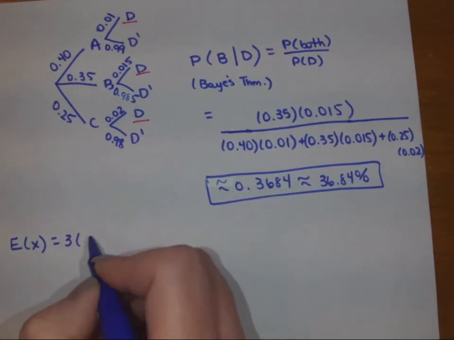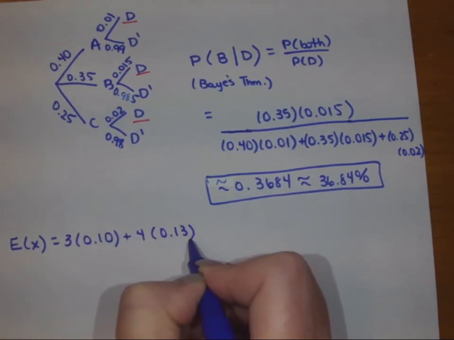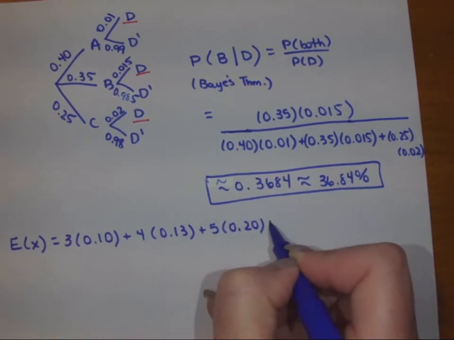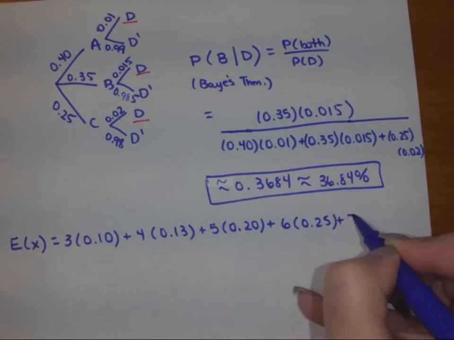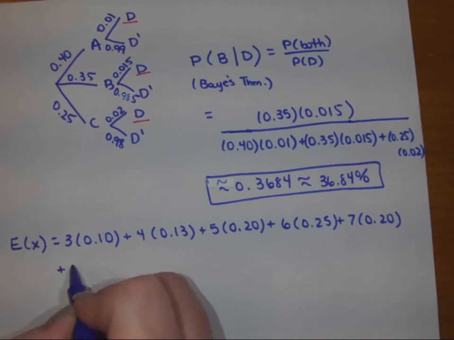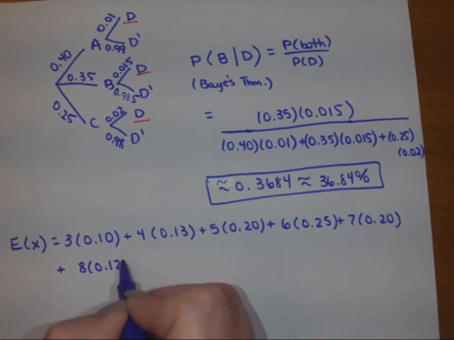So 3 houses sold, there's a 10% chance of that. 4 houses sold, a 13% chance. 5 houses sold, 20%. 6 houses sold, 25%. 7 houses sold, 20%. And then 8 houses sold, 12%.